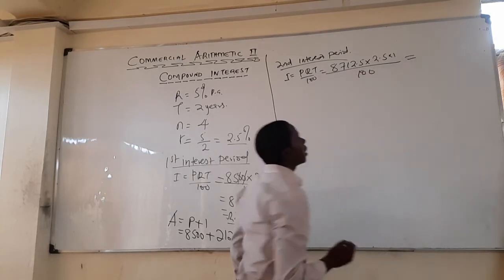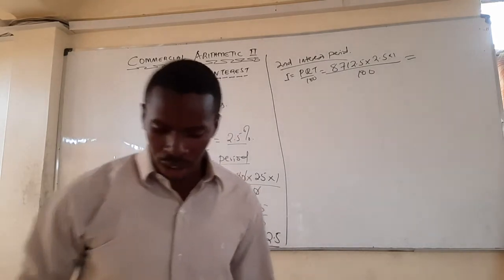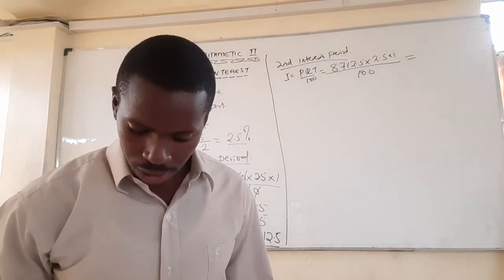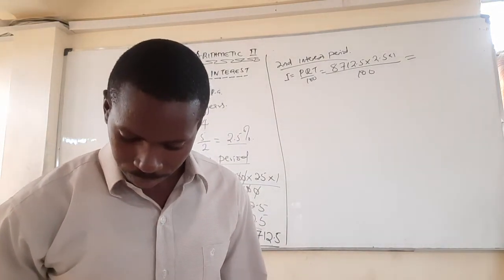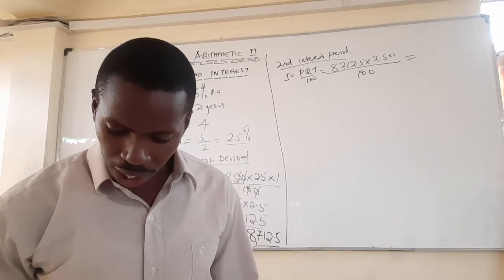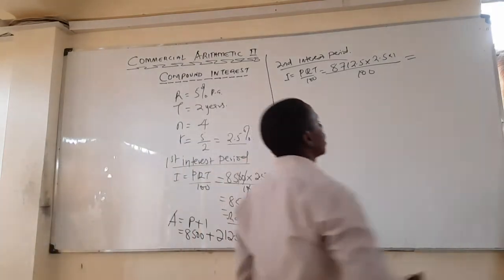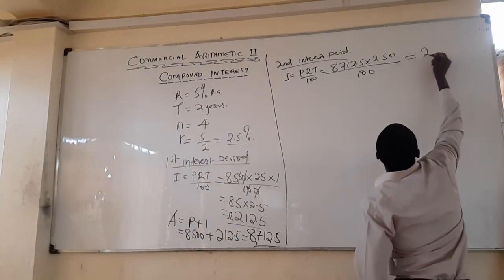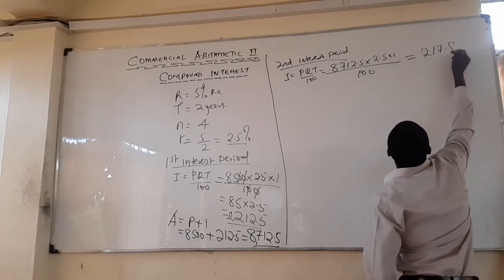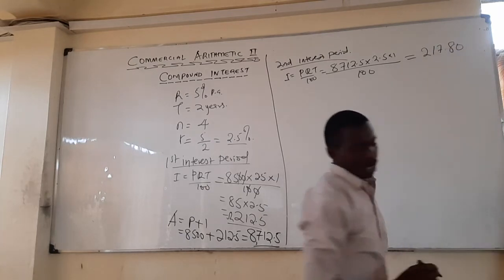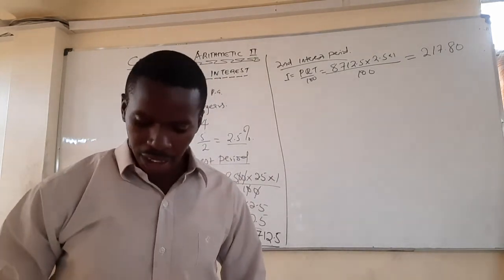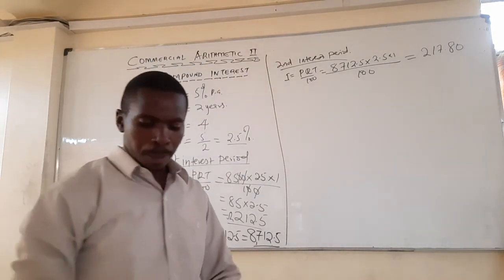And this we are going to get as 217.80 approximately. So that is the second interest period.